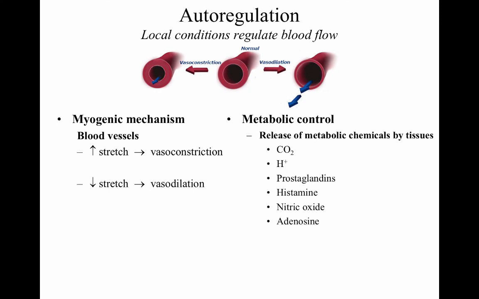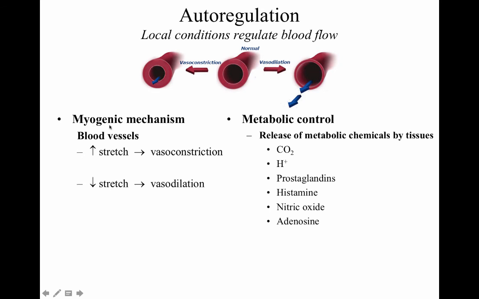If we take a look at autoregulation, local conditions that regulate blood flow, we want to look at a normal vessel, and then what happens if that vessel is vasodilated or opened up, or if it's vasoconstricted and closed down. When we look at this as a myogenic mechanism, myo is muscle and genic is the creation.